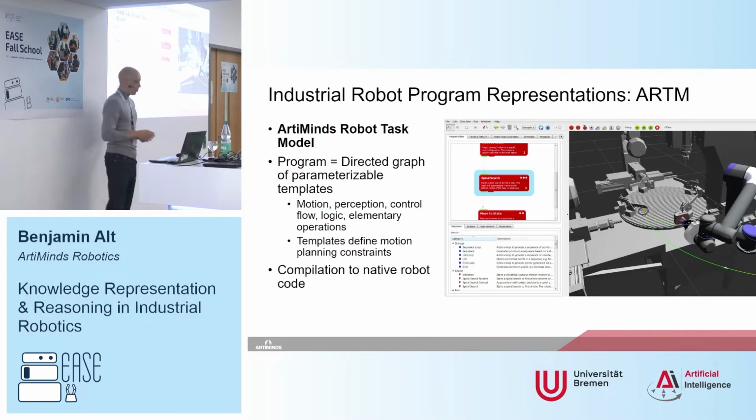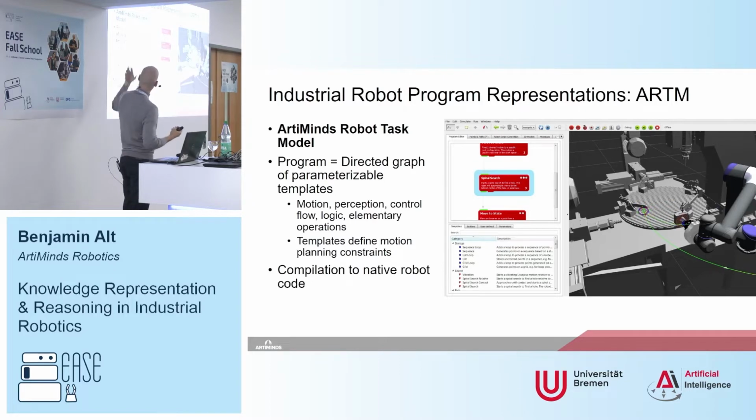So the core sort of innovation as to how we think we can do better with robot programming is really focusing on the program representation. This is the core thing. We have a task model, and the idea is we represent a robot program as a directed graph of parameterizable templates.